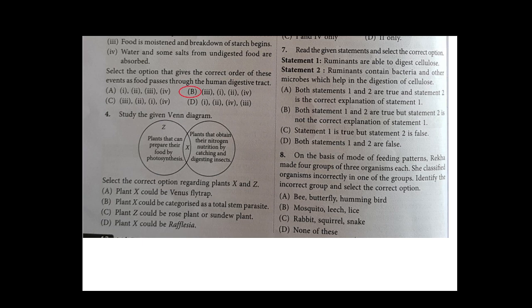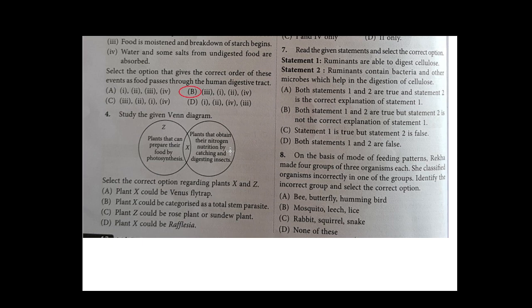It's a Venn diagram which says that Z is the plants that can prepare their food by photosynthesis, X is the common part, and the other part is the plants that obtain their nitrogen nutrition by catching and digesting insects.